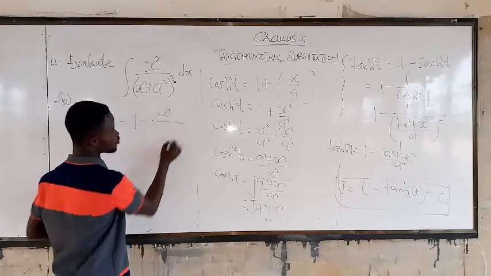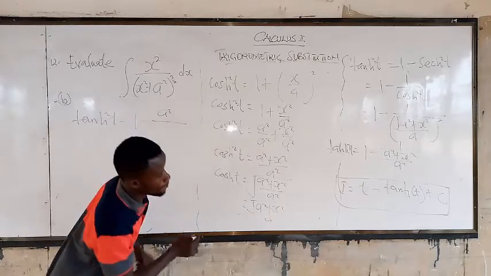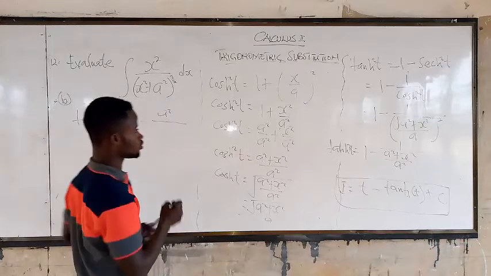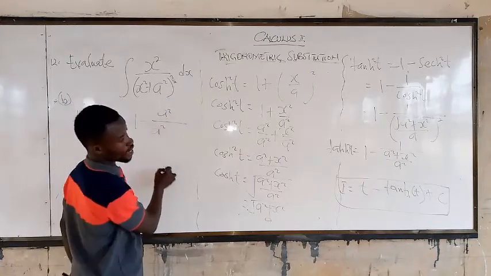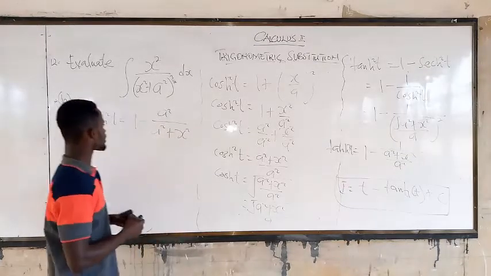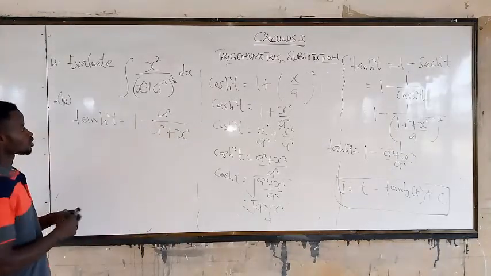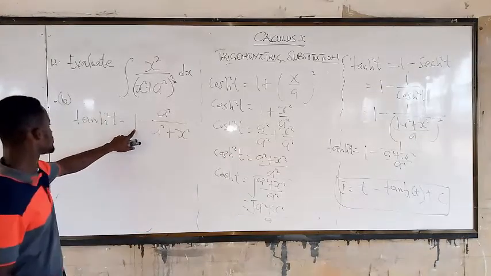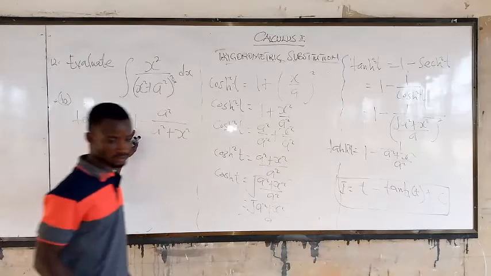a squared over a squared plus s squared. Now, we want to achieve the same denominator here. Okay?